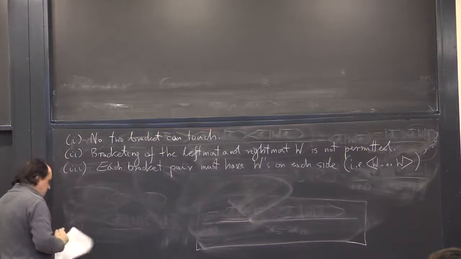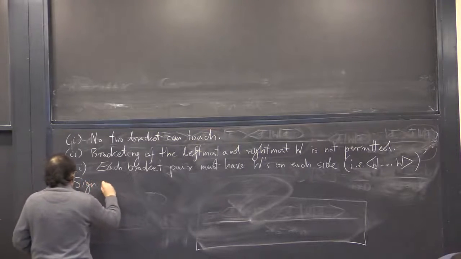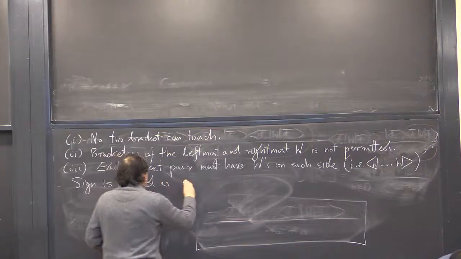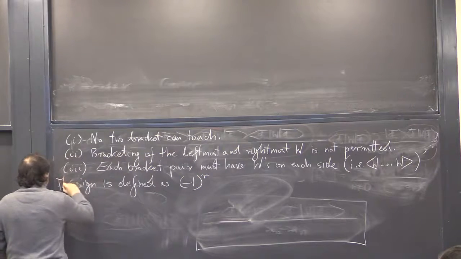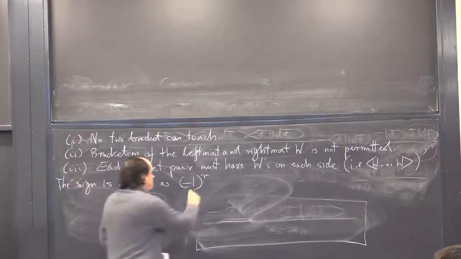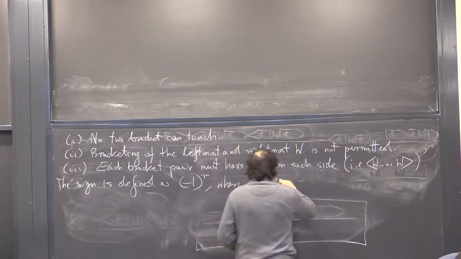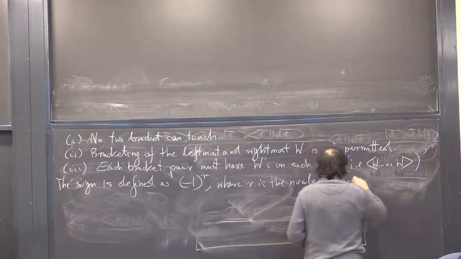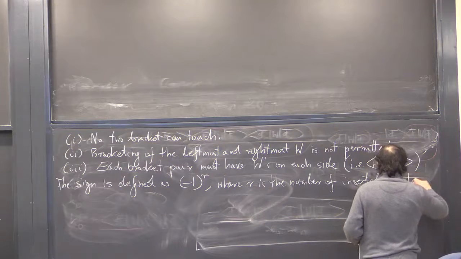So what is the rule for the sign? The sign is defined as (-1)^r, where r is the number of inserted bracket pairs.